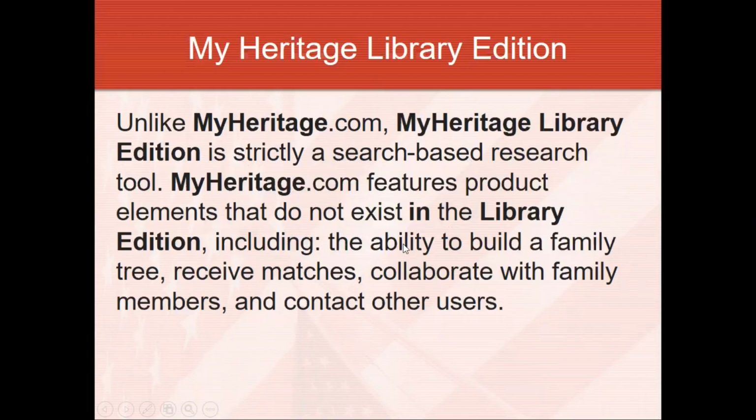And down here I list the elements that don't exist in Library Edition, including the ability to build a family tree, receive matches, collaborate with family members, and connect to other users. That's what you can do on regular myheritage.com. And I believe there's a fee at different levels, just like Ancestry. That seems to be the way that things are going.